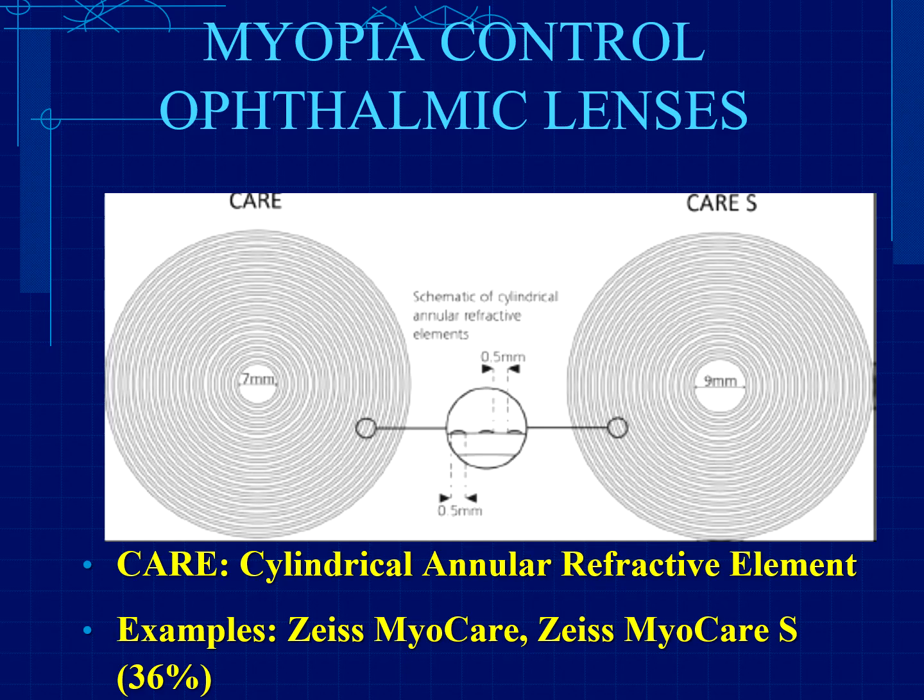The Zeiss company developed the Care and Care S lenses. In this type of lens, the center of the lens is about 7 or 9 millimeters of clear vision, and the periphery is made of cylindrical concentric rings, where the width of each ring is about 0.5 millimeter, and the distance between each cylinder is about 0.5 millimeter.